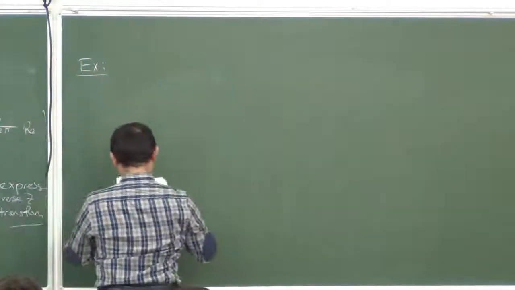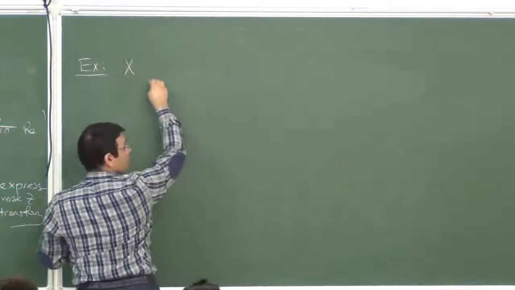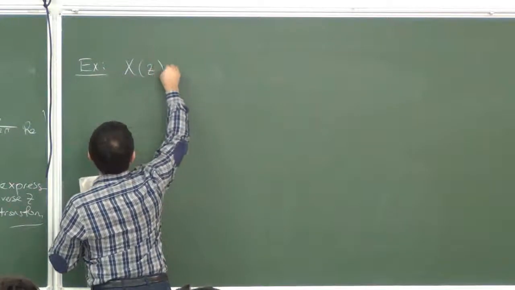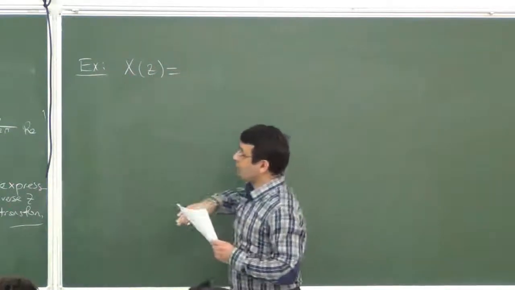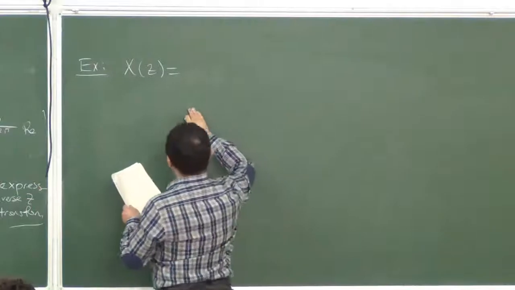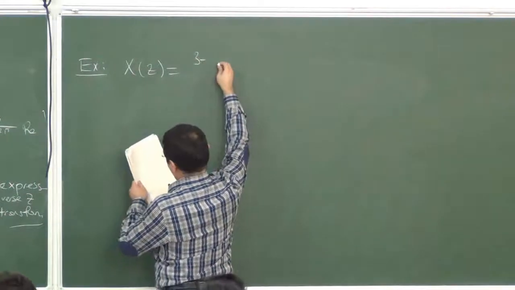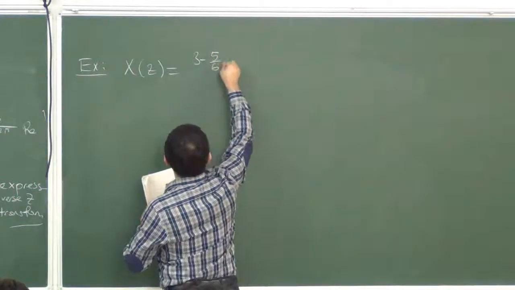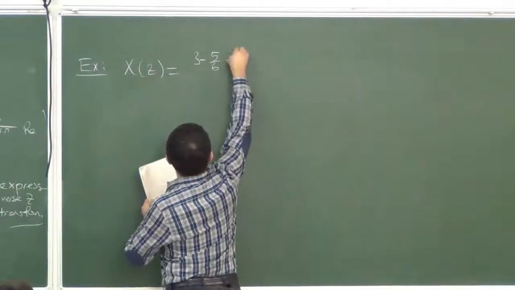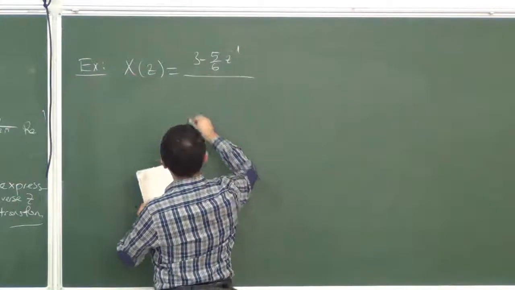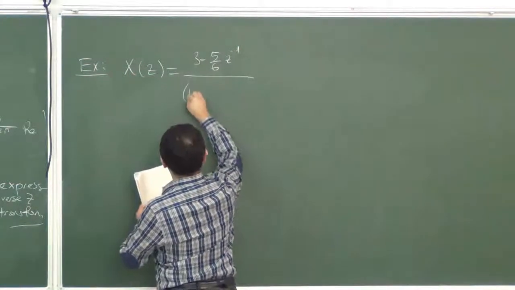Let's do an example. So you're given X(z). It is something like this, with numerator and denominator terms.